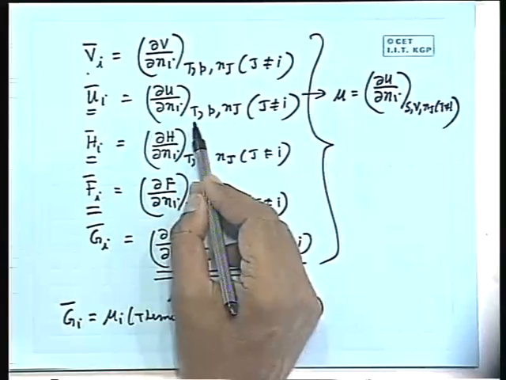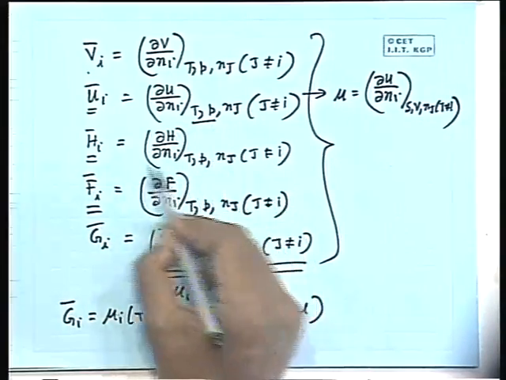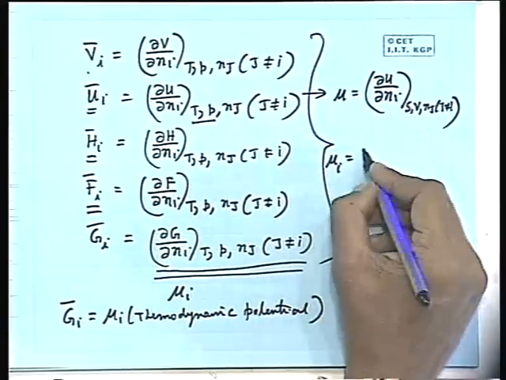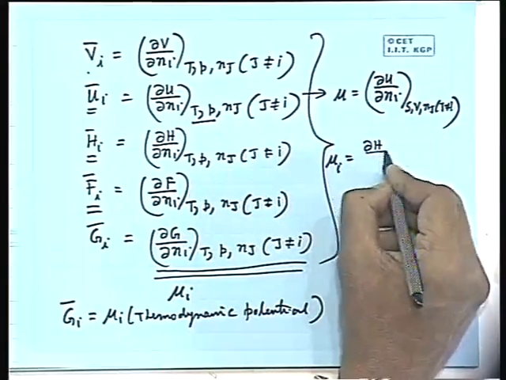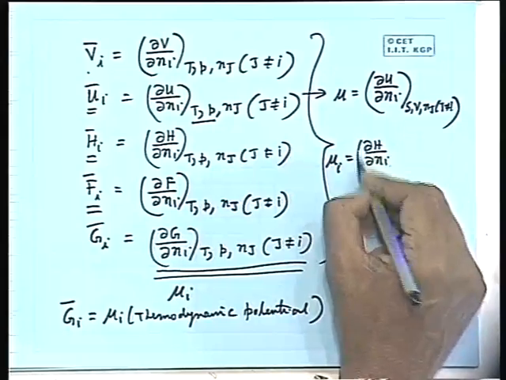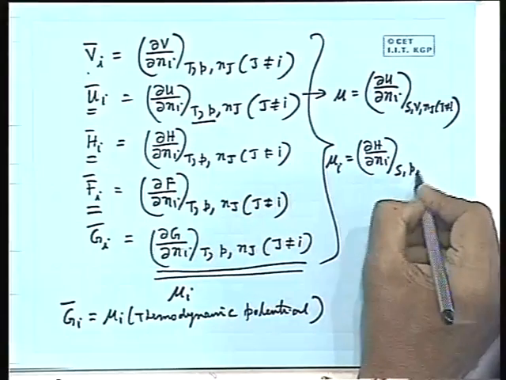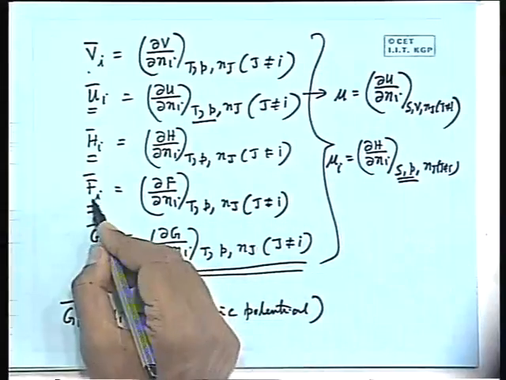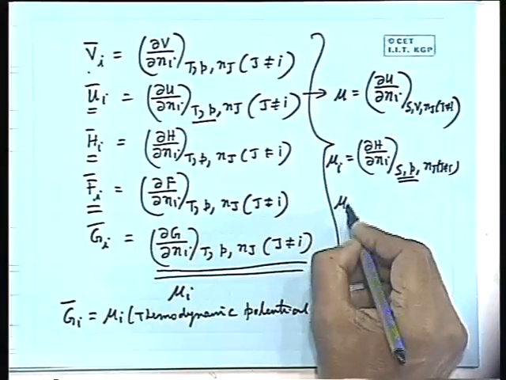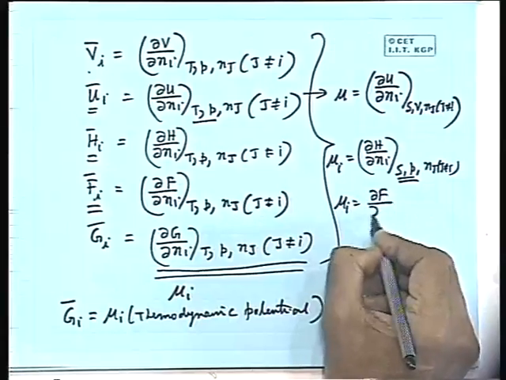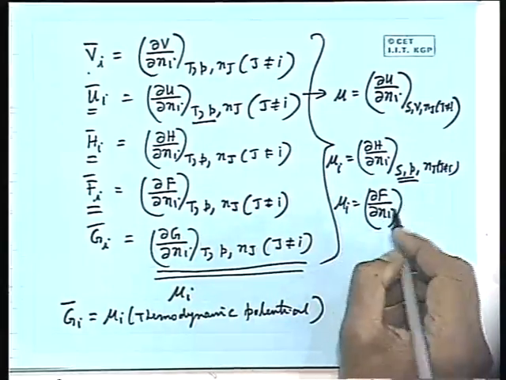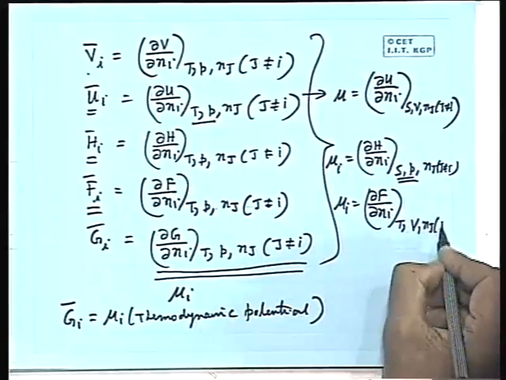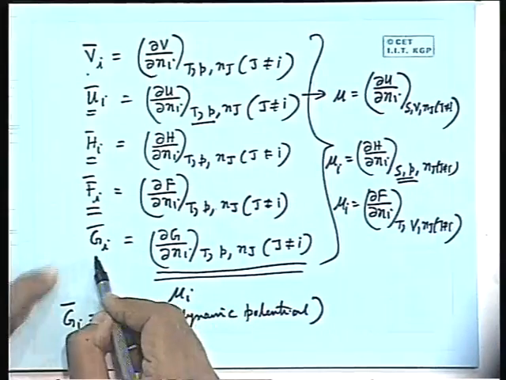So this is not at constant temperature and pressure, very important. For H, that means if you express chemical potential in terms of H, it was del H by del n_i at S and P, n_j. That means it is not T and P, but S and P. With respect to F, it is the same differential del F by del n_i, but not at T and P, rather T and V, and of course n_j, j not equal to i. It is only for the Gibbs function.